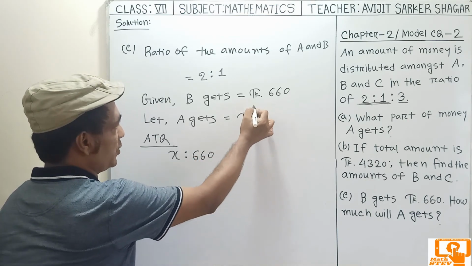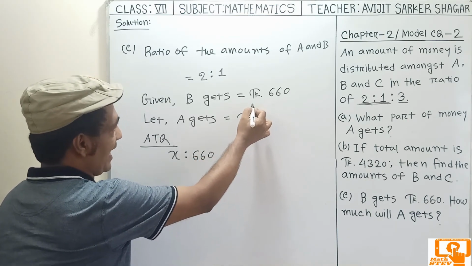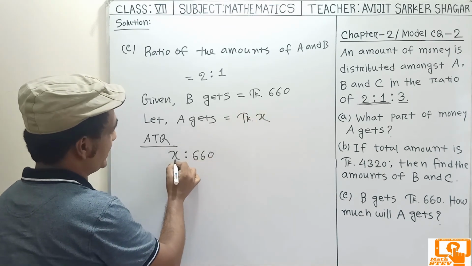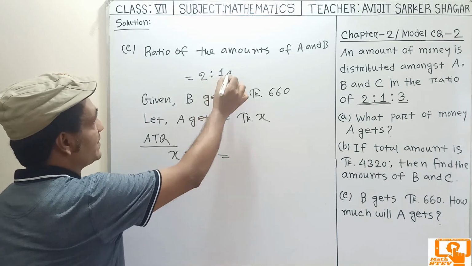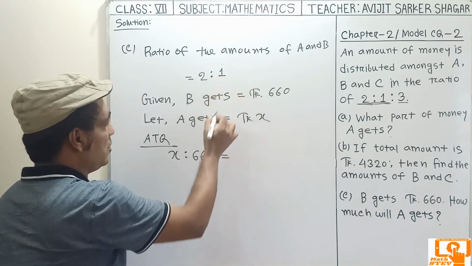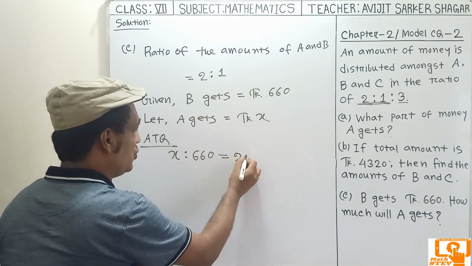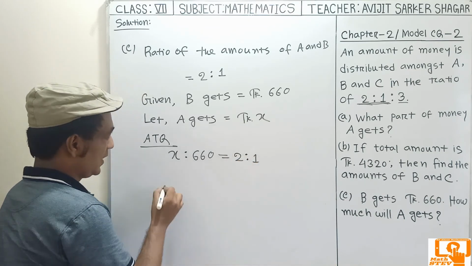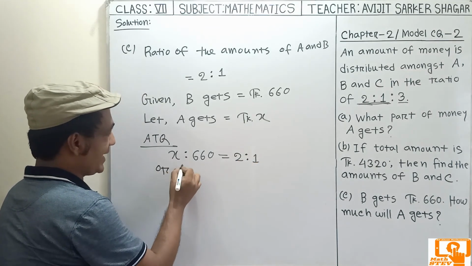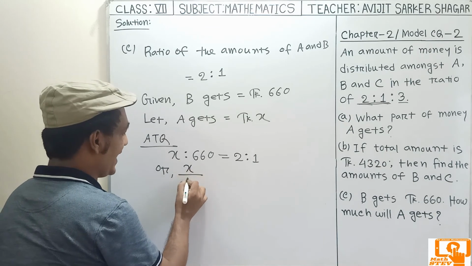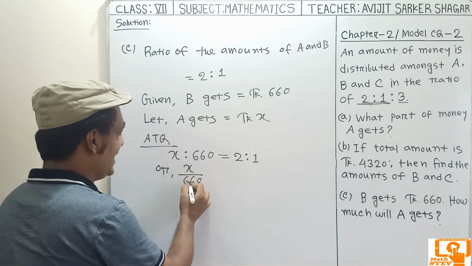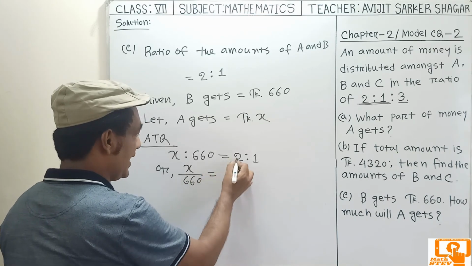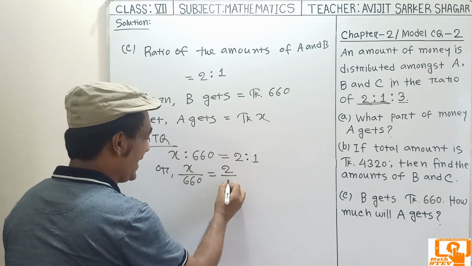In both cases the unit is taka, and it will vanish. No unit is there. X ratio 660. But the given ratio of the amounts of A and B is 2:1. That means this equals 2:1, or we can write in this form: x divided by 660 equals 2 divided by 1.